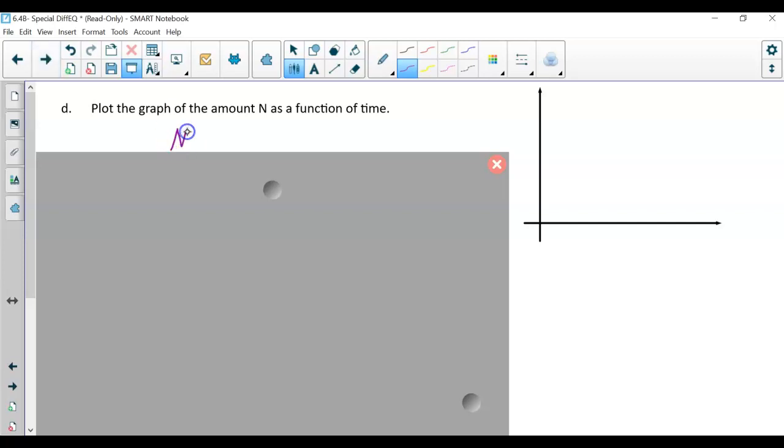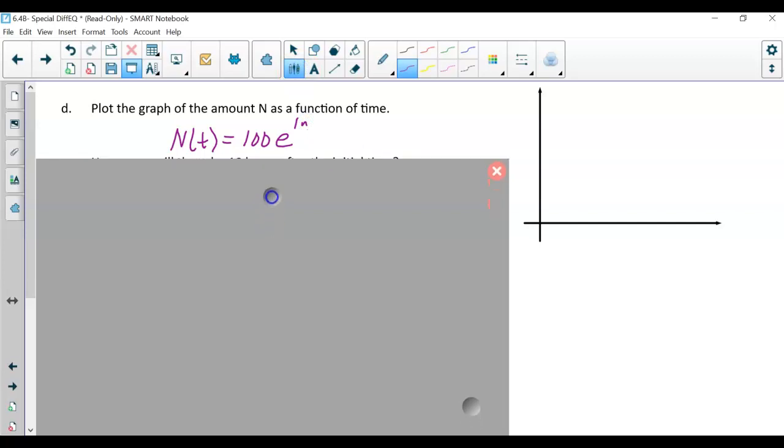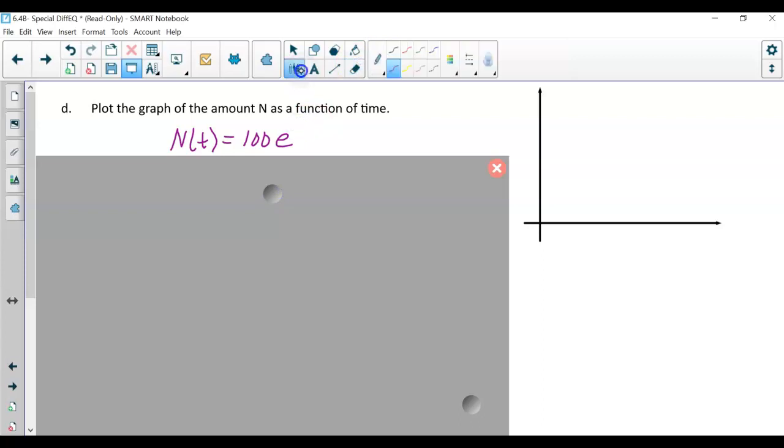That wants me to graph n in terms of t, where I start at 100 and I go e, I'll put a parenthesis there, and I want e raised to the ln of 3 over 5 times t. They want me to graph that, but they don't want me to graph that with the decimal. They want the exact graph.